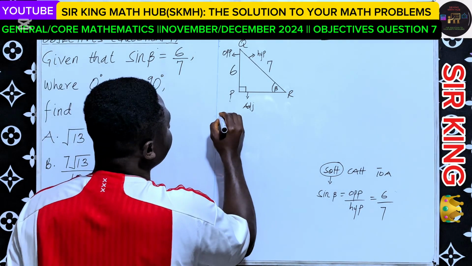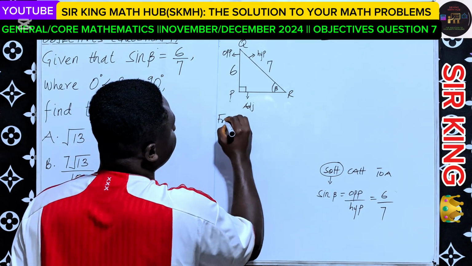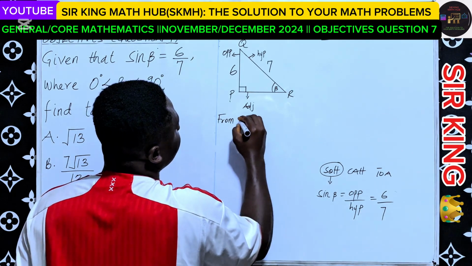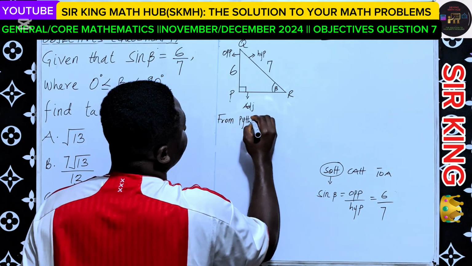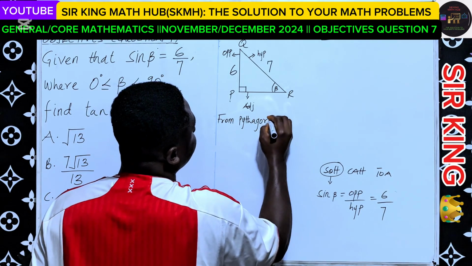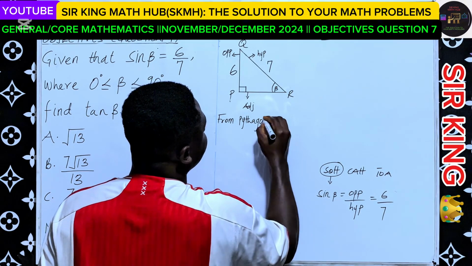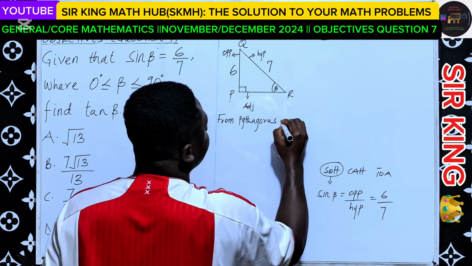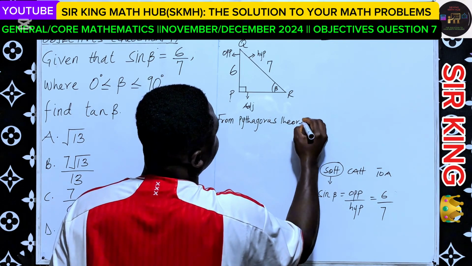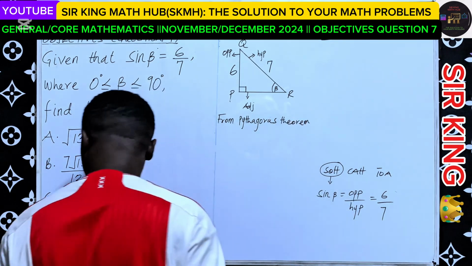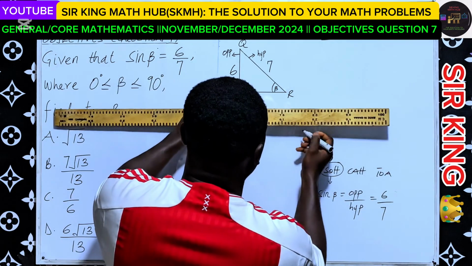Now let's look for the length of the adjacent, line PR. We can do so by referring to the Pythagoras theorem. What does the theorem say?